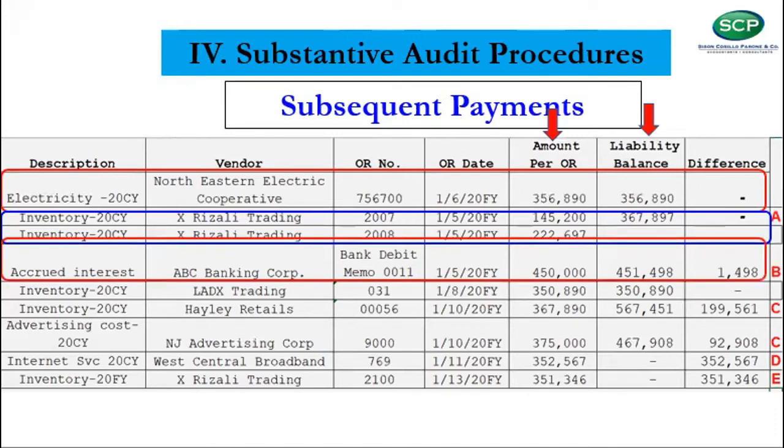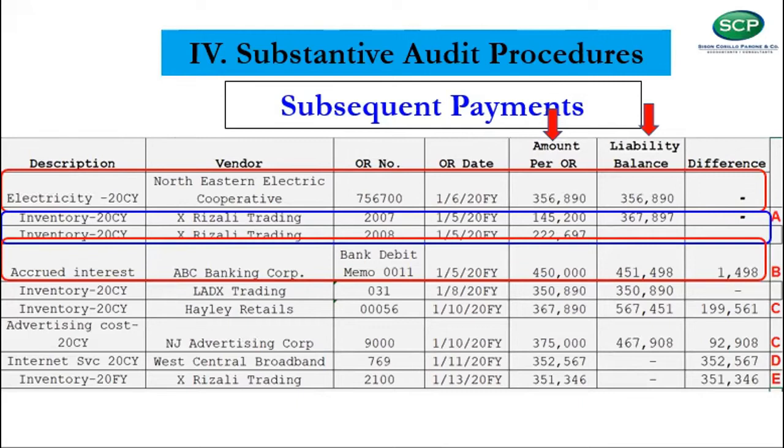What about the accrued interest? The balance of accrued interest as of December 31, 20 CY was 451,498 pesos, but the creditor bank only debited the amount of 450,000 pesos or a difference of 1,498 pesos, which at first glance appears to be an overstatement in the accrued interest balance.